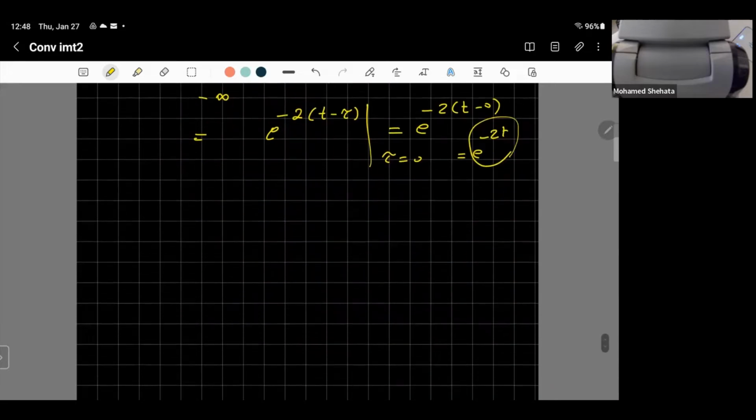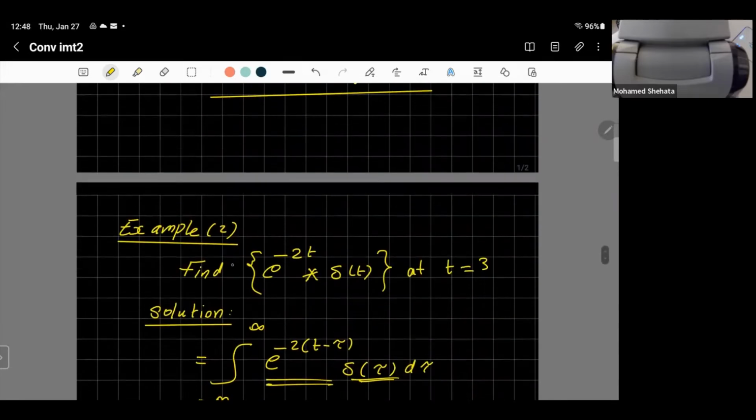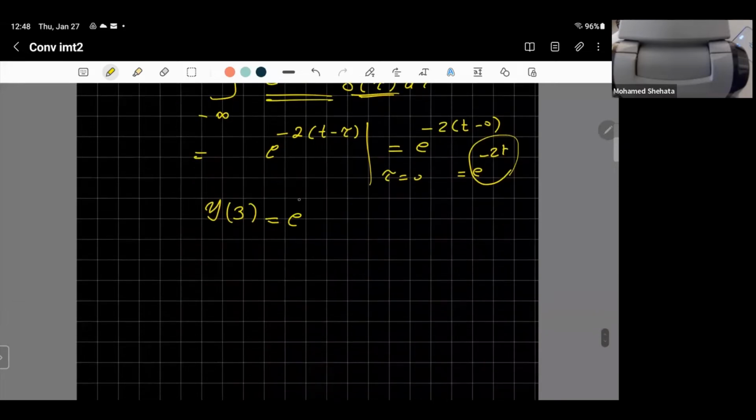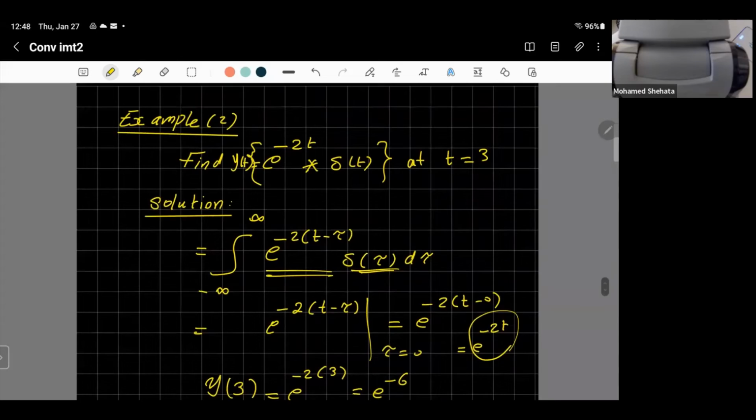No, after you finish, then you will say, if you call this y of t, y of 3 will be equal to e to the power of minus 2t, and you put t equal 3, it will be e to the power of negative 6. And using the calculator, you find its value. And there are many questions like that. If I want you to do the short answer, I will ask you to evaluate this expression at t equals 3, so you can give just one number. So you got through all the steps.